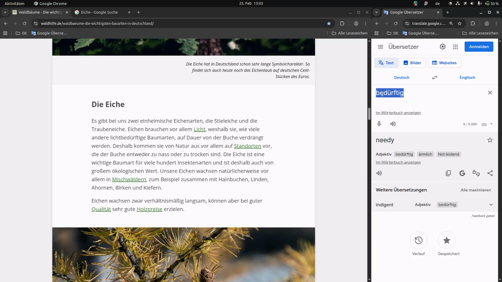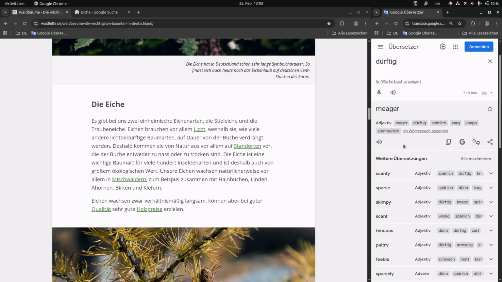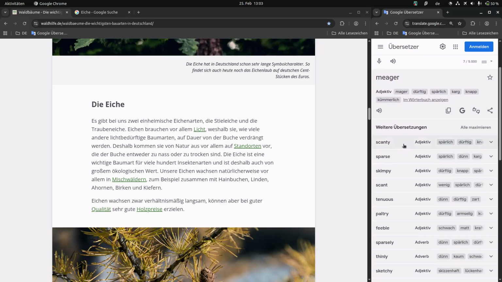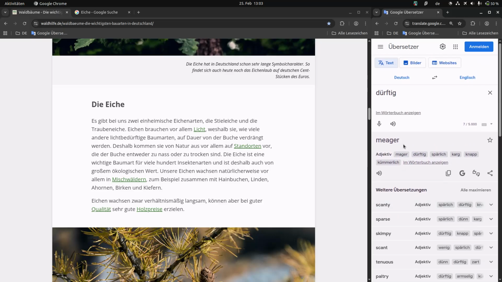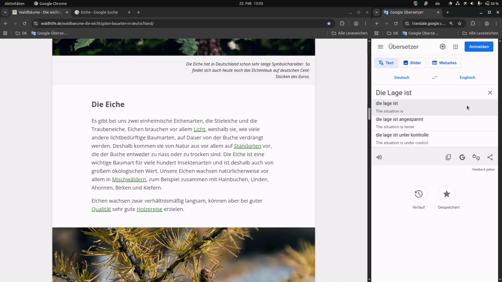And dürftig is also like very little, or in English you would call it meager. For example, die Lage ist sehr dürftig.